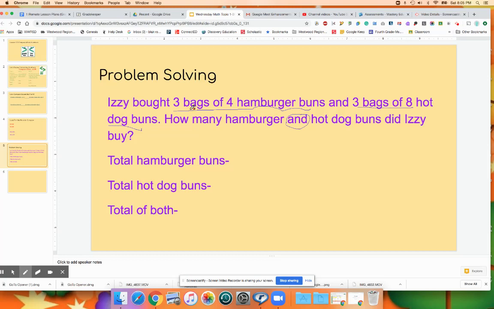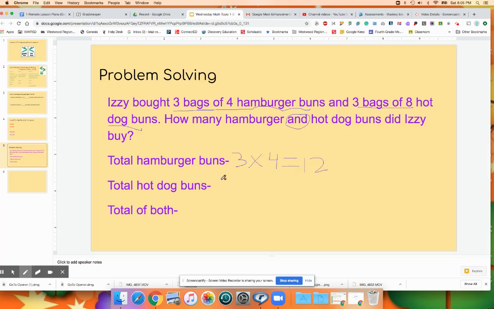So 3 bags. Each bag has 4 hamburger buns. So that's telling me I'm multiplying. So that's going to be 3 times 4. And we all know now that 3 times 4 equals 12. Okay. Hot dog buns. 3 bags with 8 hot dog buns in each bag.